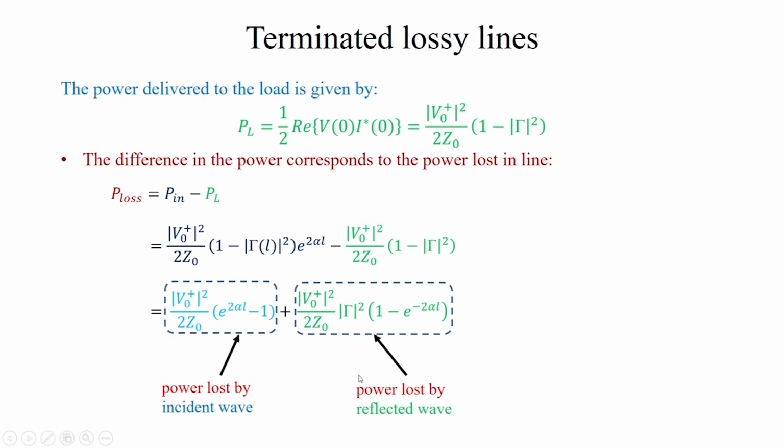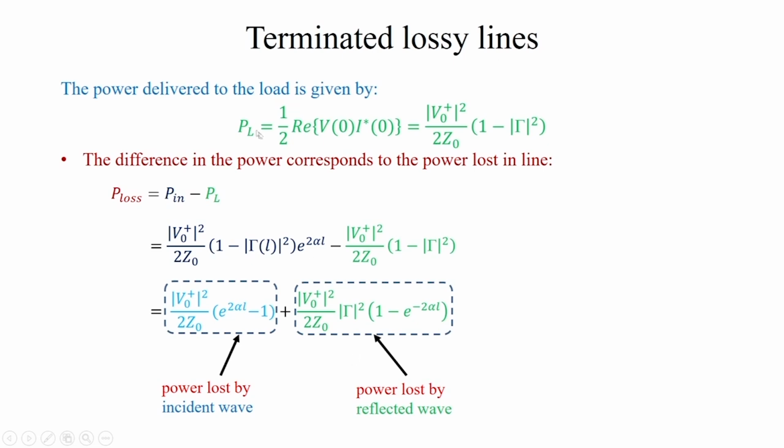So, in a transmission line, we will have both the incident and the reflected waves present, and because of the attenuation in the line, both will lose power, and these two expressions account for the power lost by the incident and reflected components of the wave.